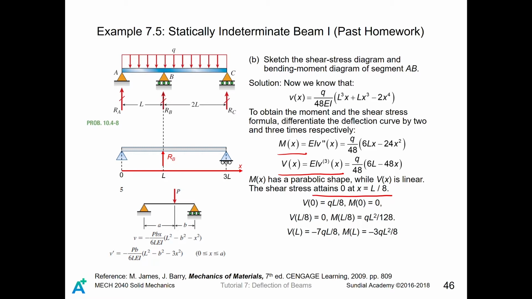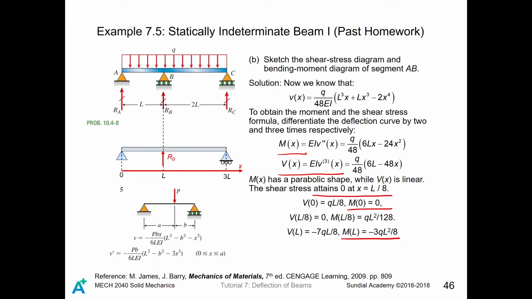Anyway, let's compute some important parameters. For the moment we're interested in M0 and ML, at A and B, of course. This is one of the most important elements we're going to sketch, as well as the maximum or minimum.